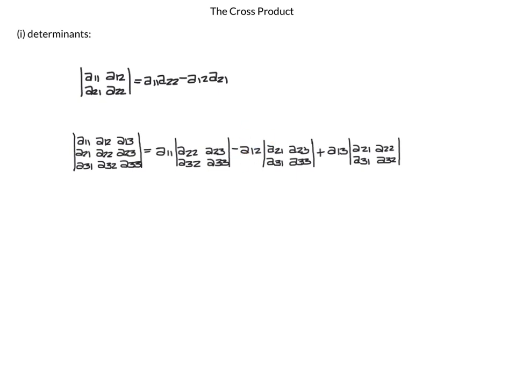For the a12 coefficient, because it's in the first row, second column, we delete the first row, second column, and the remaining portions are our 2 by 2 matrix: a21, a23, and a31, a33. Finally, for our a13 coefficient, we delete the first row, last column, and what remains is our 2 by 2 matrix: a21, a22, and a31, a32.